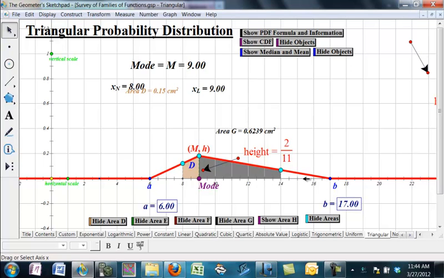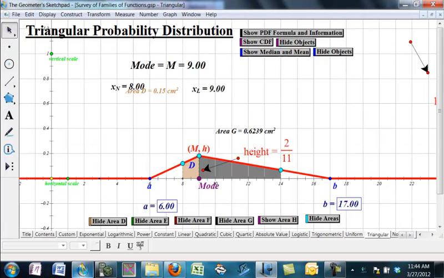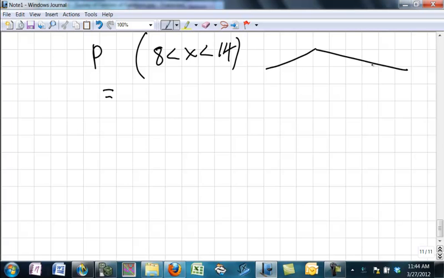So that was between 8 and 14. Okay, and what we ended up with looks something like this. We end up keeping this part in here, but we're going to subtract off these two triangular pieces.